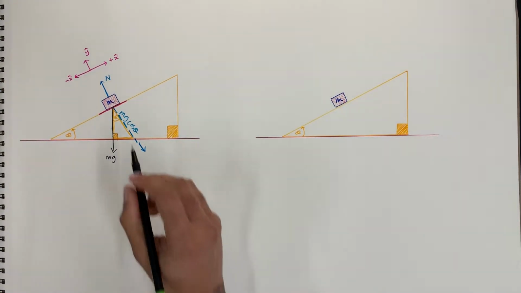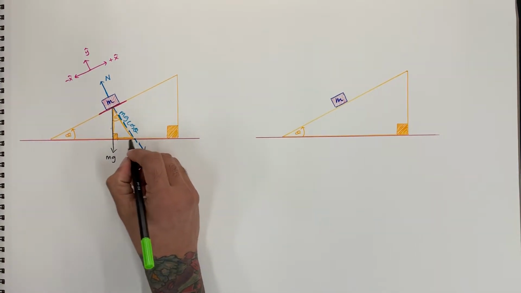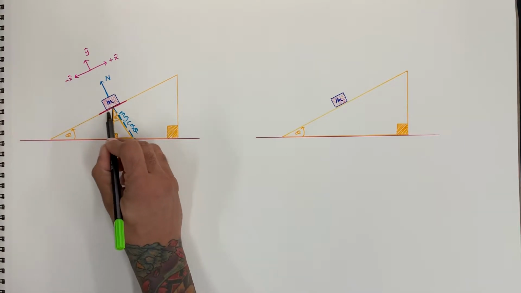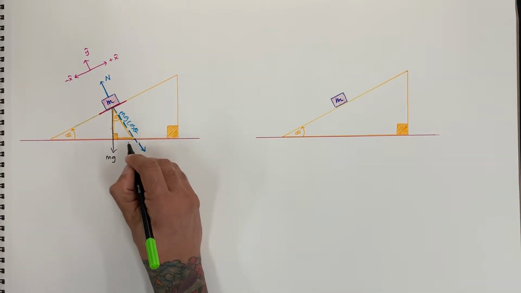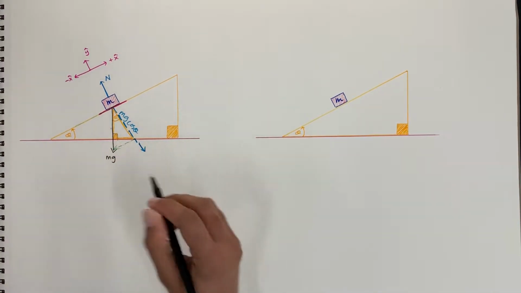Now, I want to extend a line or a vector from here, and I want to make it parallel to this plane right here. So I want to make this parallel to this green line here. Okay?